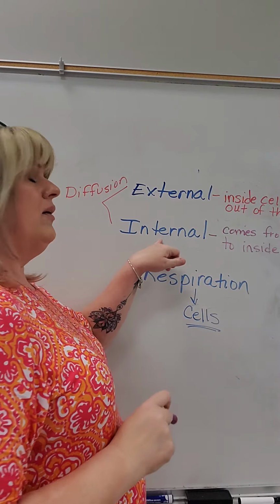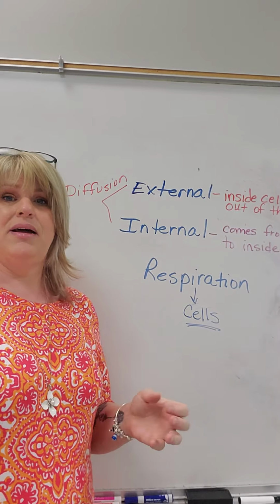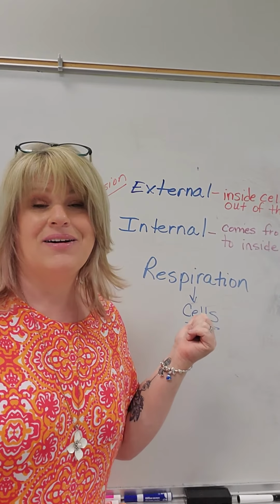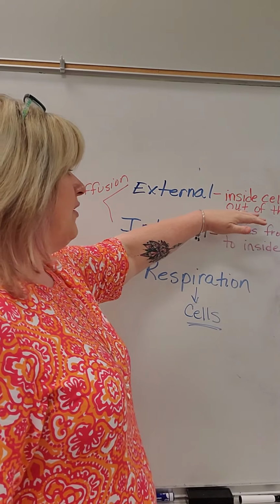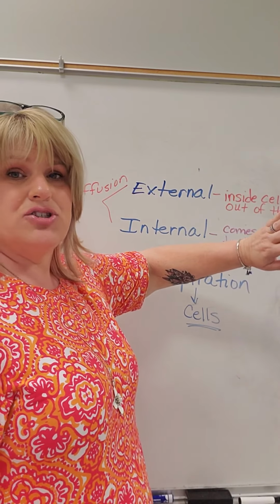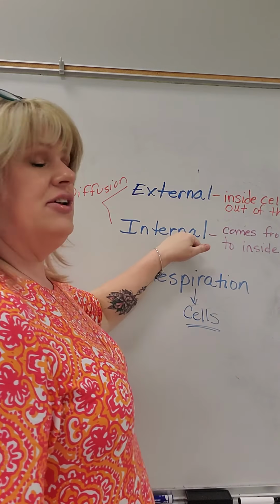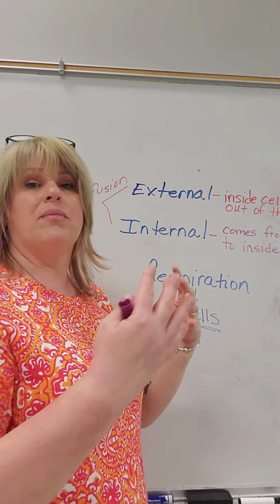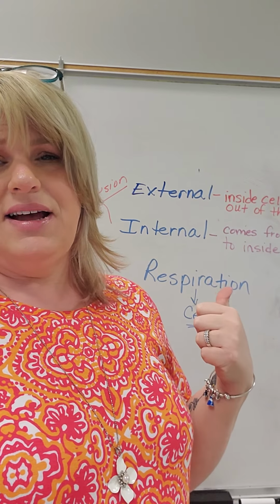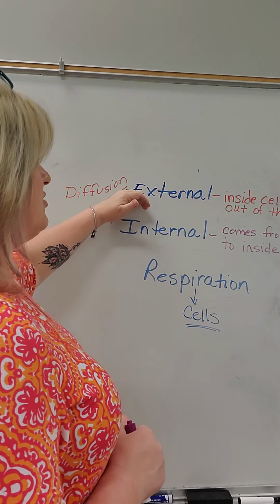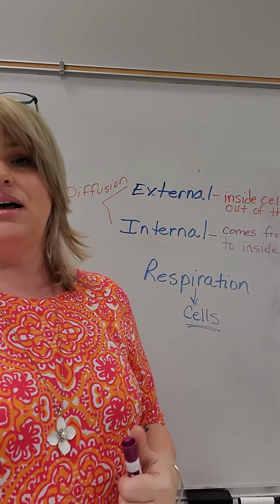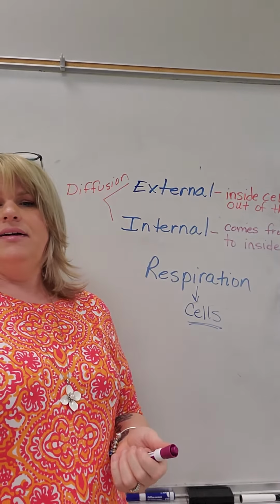Okay, so when we're talking about cardiovascular system and how the blood gets reoxygenated, bam, here it is, right here, okay? Internal is where it's coming from that right side of the heart into the lungs needing oxygen. Okay, so write that down, that's important. External goes from the cell to the bloodstream. This comes from the bloodstream inside the cell. Capiche? Okay, good.